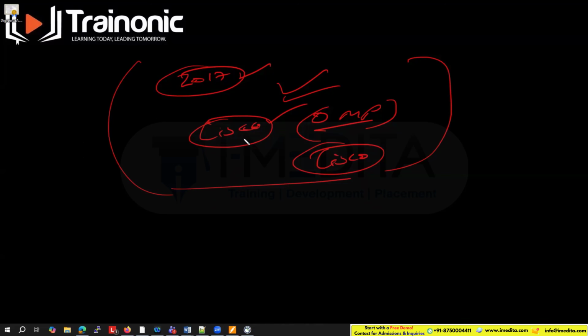After 2017, a lot of changes have been made. Nowadays, Cisco has even stopped selling Viptela routers. The only option you are left with is a Cisco router, but on Cisco routers, you can still run the Viptela operating system.